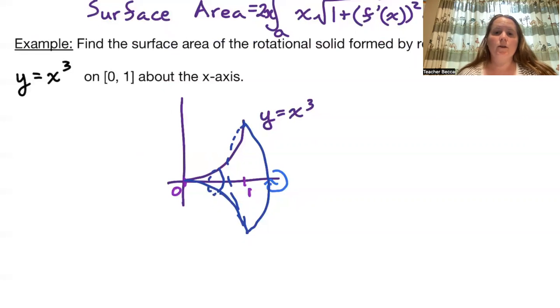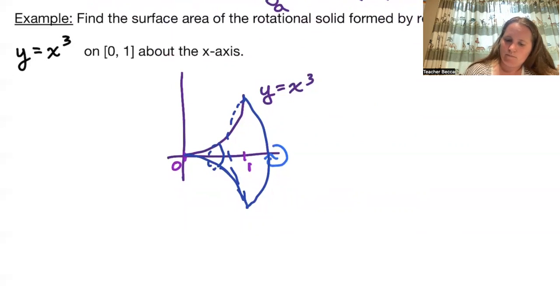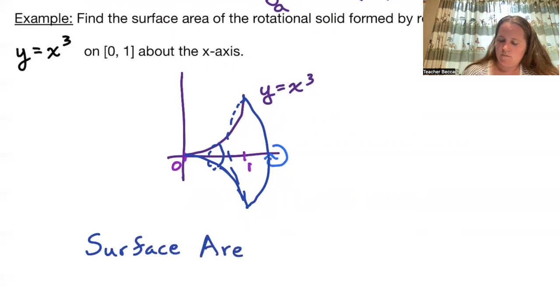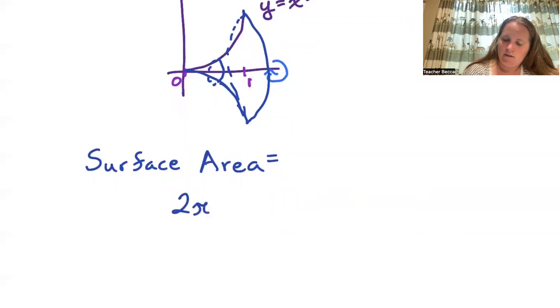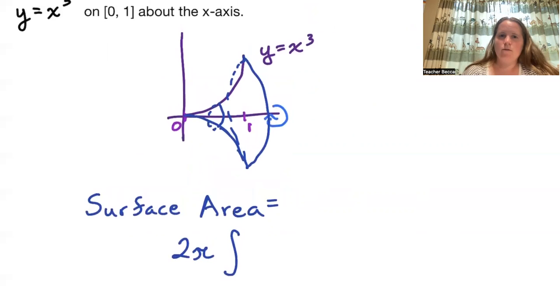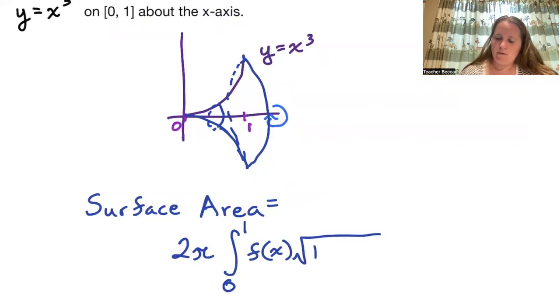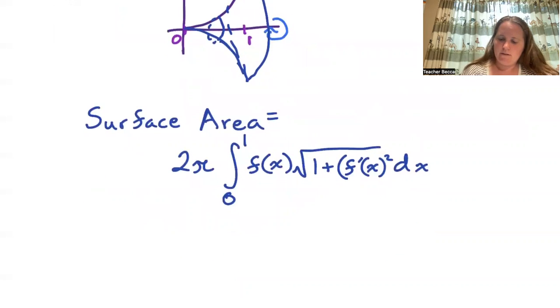So when we do our surface area, we are looking at 2 pi times the definite integral from a to b, so from 0 to 1, of our f of x times the square root of 1 plus f prime of x squared dx. Our f of x here is x cubed.